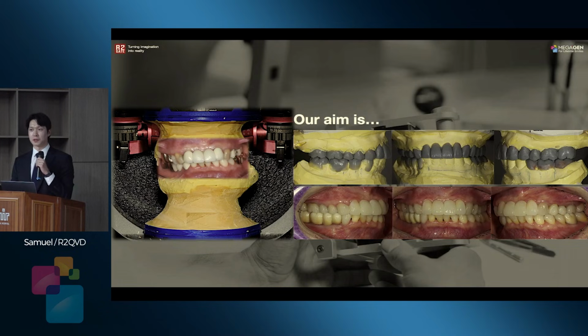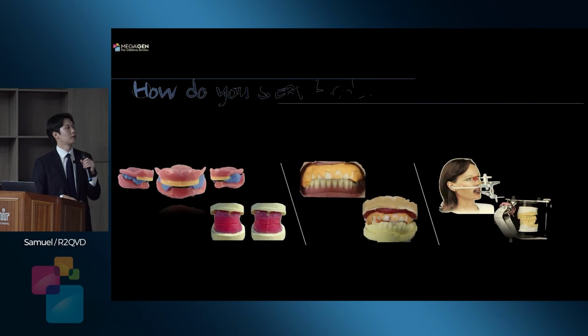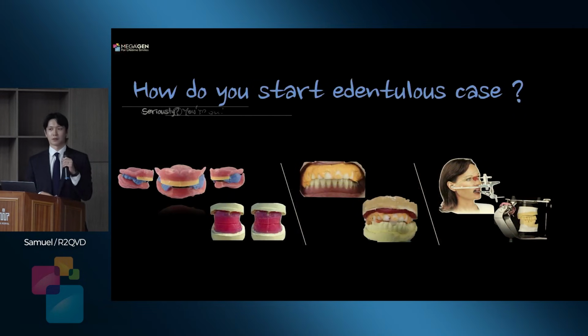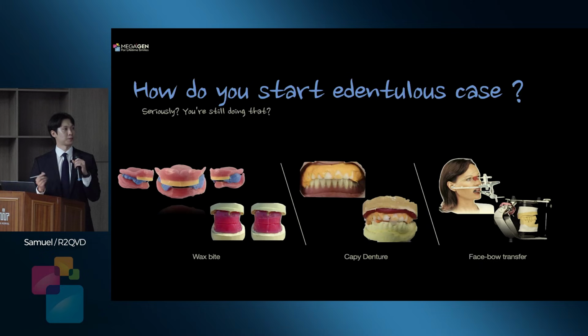What about an edentulous case? It has so many complicated things. So usually, how do we start an edentulous case? Maybe many of you use the wax bite or wax frame, or if you have a 3D printer or digital workflow, especially for the edentulous, you can make a copy denture, scan the denture and print it out.